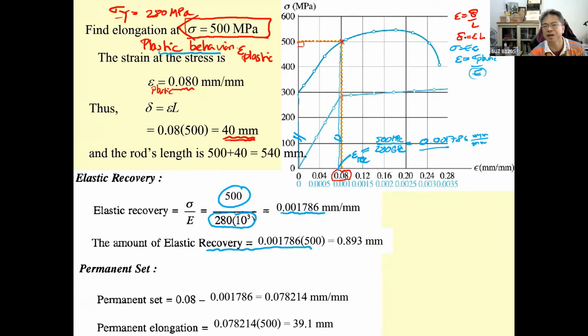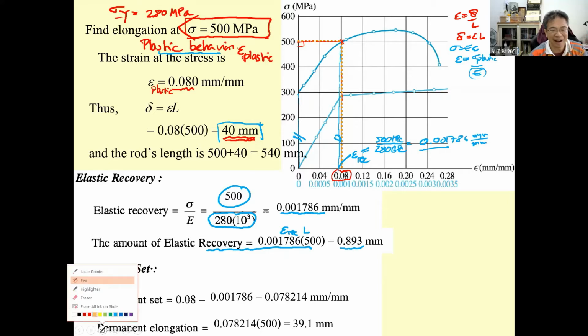What we are looking for is the amount of elastic recovery. The elastic recovery is the strain recovery times the length, which is 0.893 millimeter returned. By doing this, you can also find the permanent strain, which is between this one and this one.